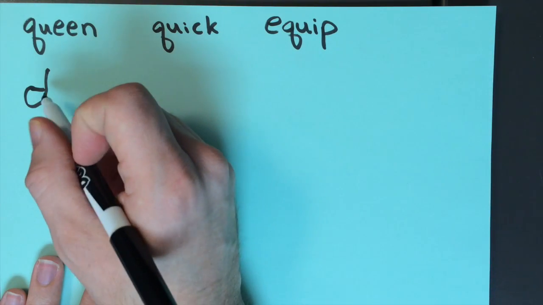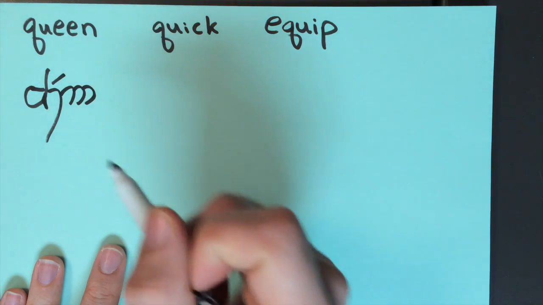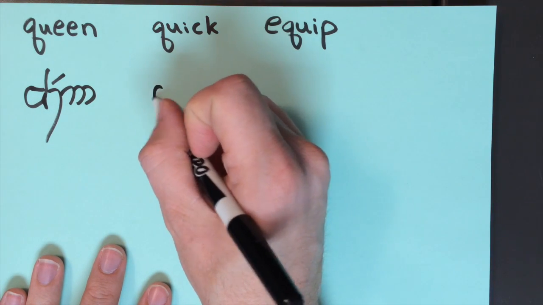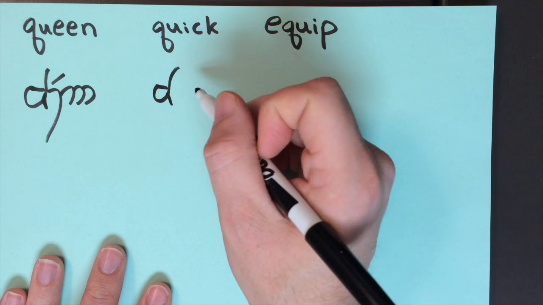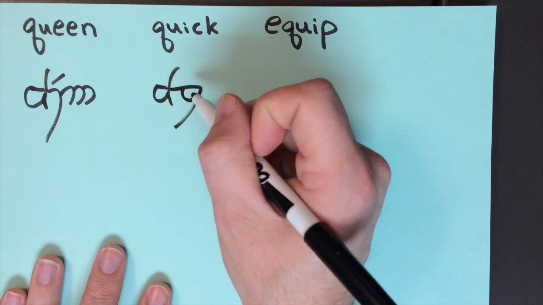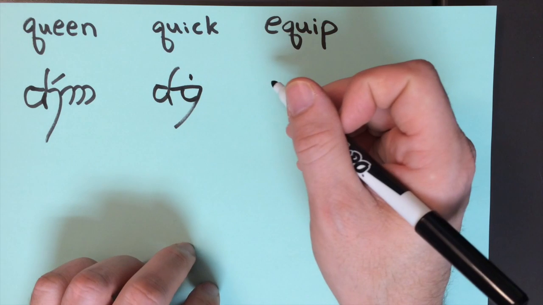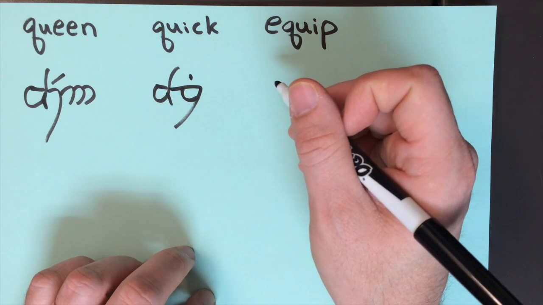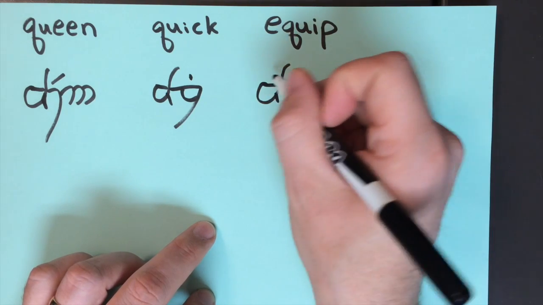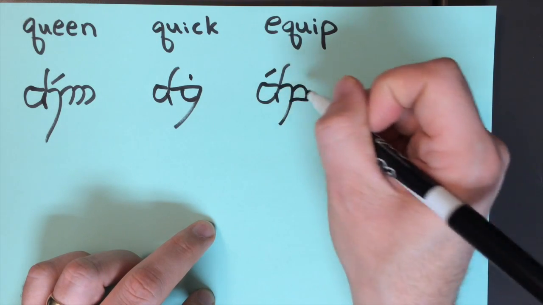And because there's two vowels, I'm going to do a long carrier, a slash, then an N. And that's queen. So let's do quick. There's a Q and an I on top. So quick. Equip. We're going to do our QU like this, E on top of the QU, then a P, an I on top.